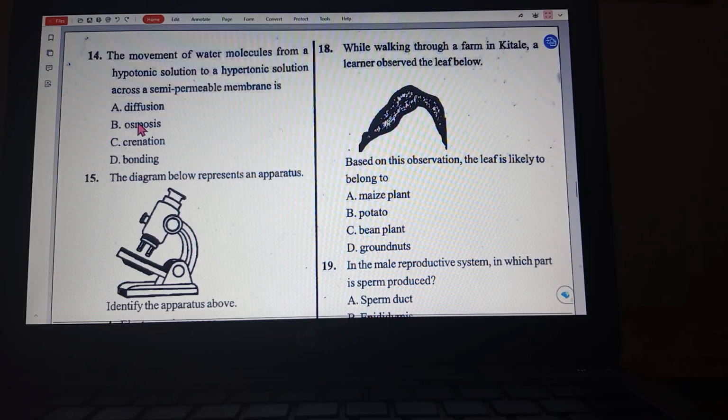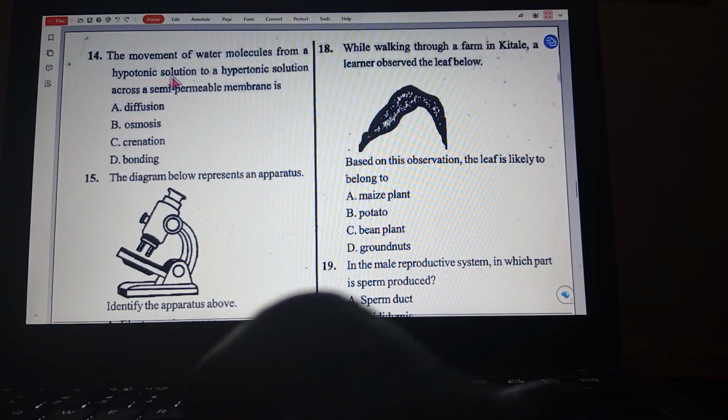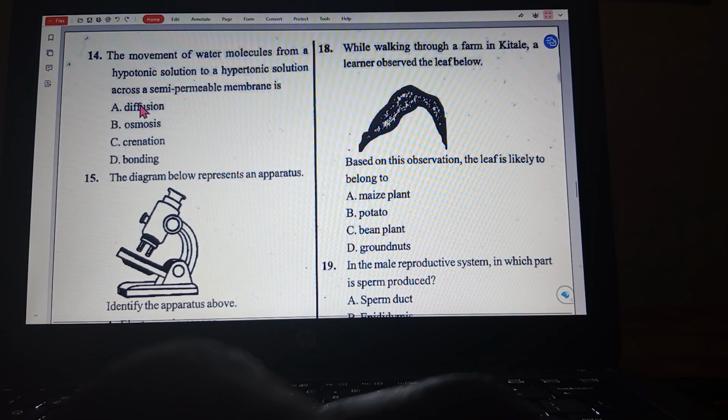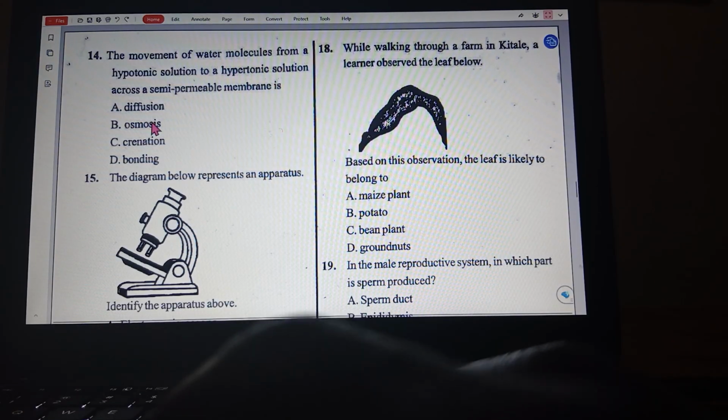The movement of water molecules from a region of high water concentration to a region of low water concentration across a semi-permeable membrane. Now, hypotonic solution is a solution that has more water molecules. Hypertonic solution is a solution that has less water molecules and more solute molecules. Therefore, the process is osmosis.